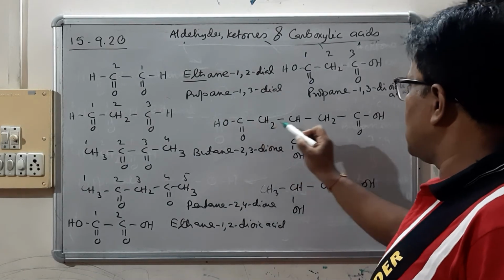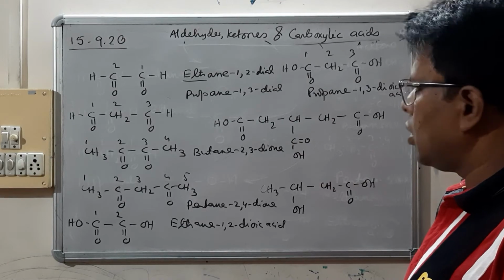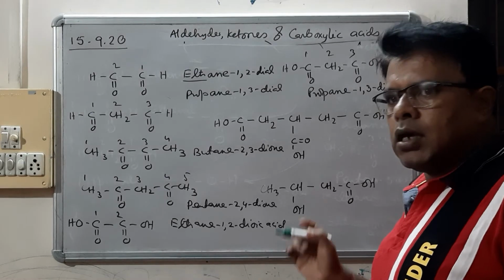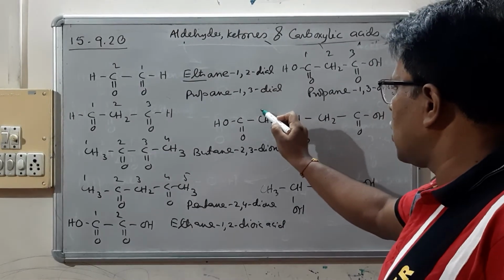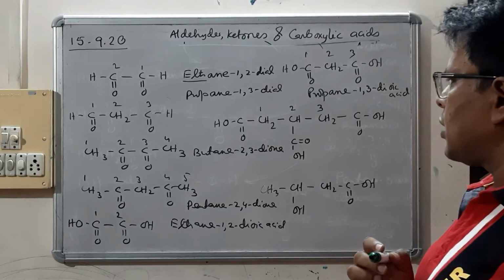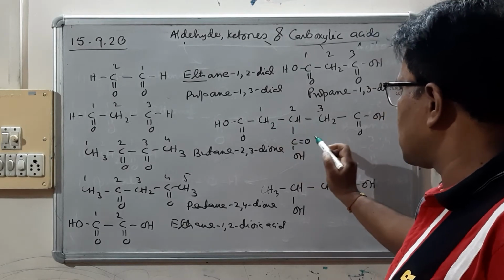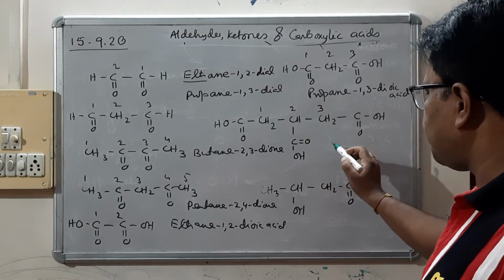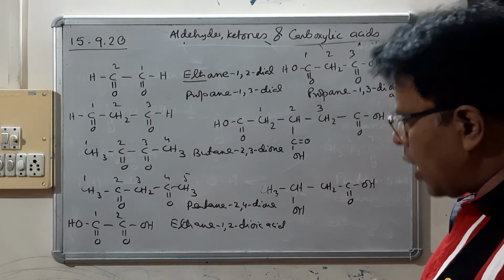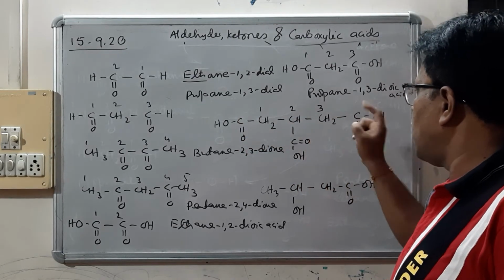Okay, now this compound is very important. Here, a different rule is followed. Here, we have to take only this much as the chain. First of all, let me tell you why we are not considering the chain 1, 2, 3, 4, 5.